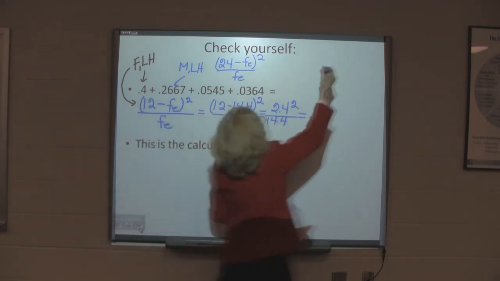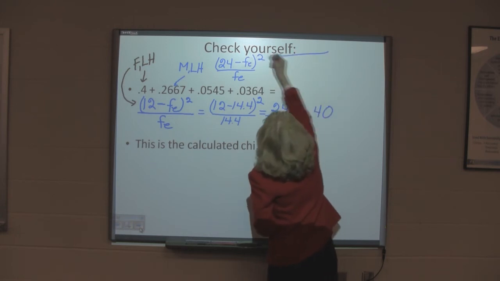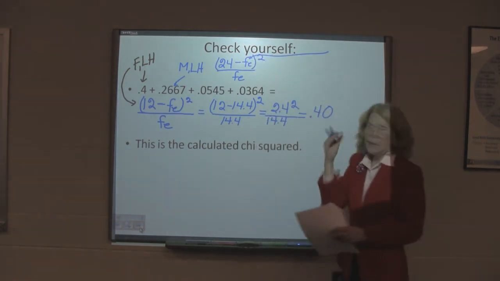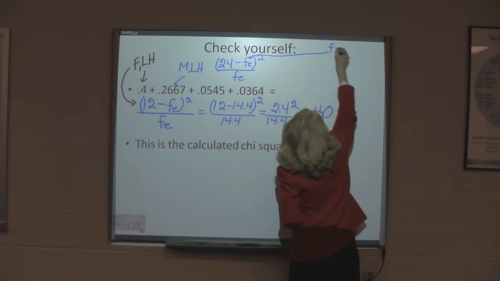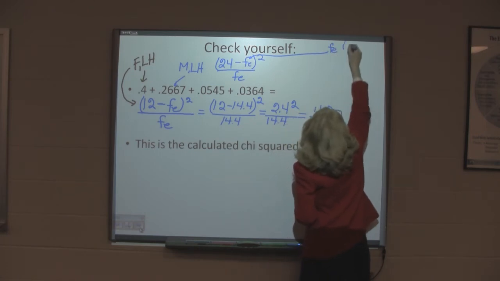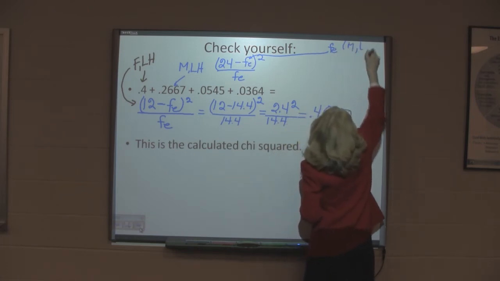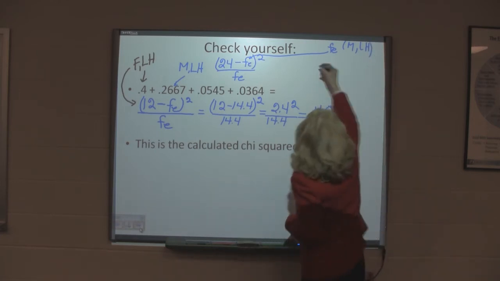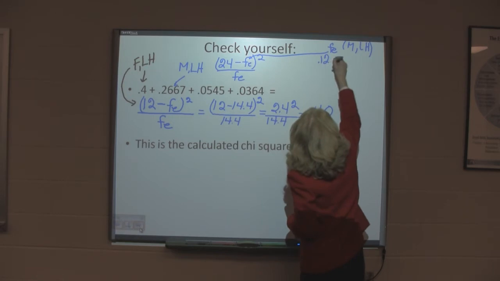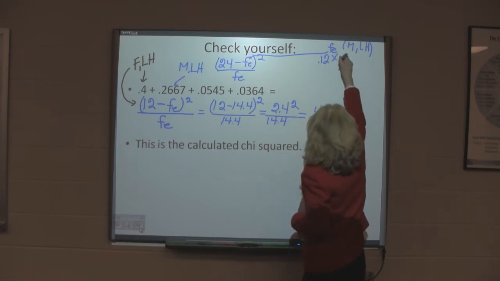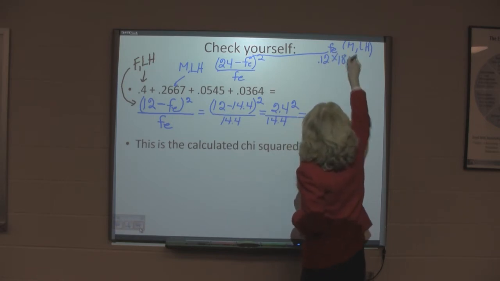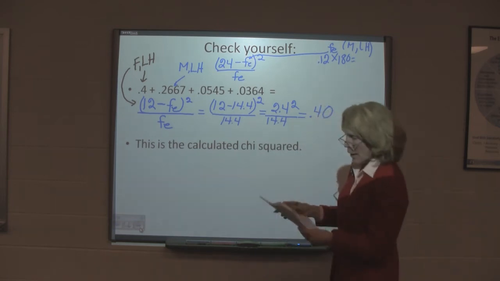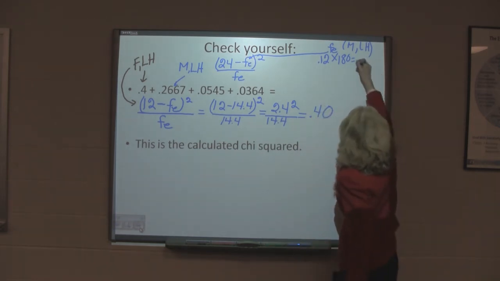Now let's get the F sub E for the males who are left-handed. This is males left-handed. So that would be 12% times 180. And that equals 21.6.